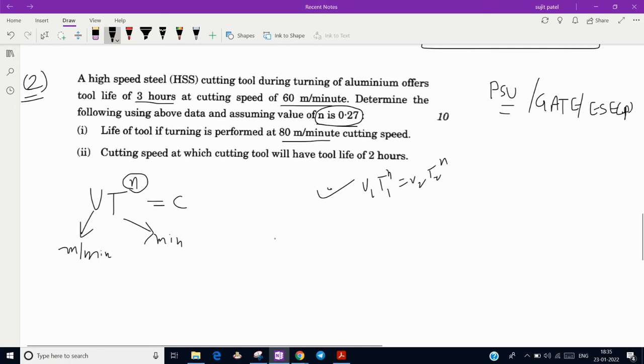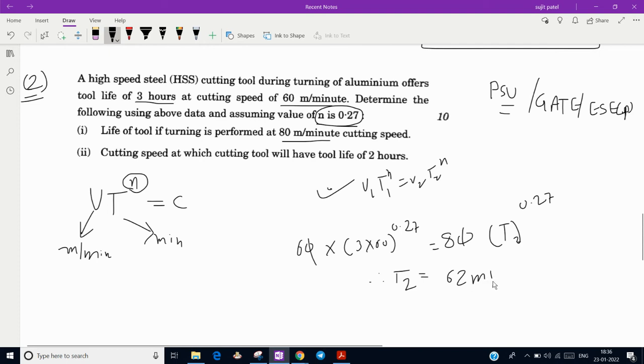So initial v1 is 60 meter per minute, and tool life is 3 hours, so 3 multiplied by 60 power 0.27 is equal to, what is the tool life if it operates at 80 meter per minute, t2 power 0.27. So when you solve this you will find that t2 will be 62 minute. Okay, 62 minute only. So this is the answer of the first question.